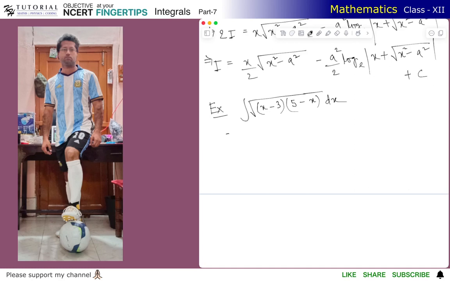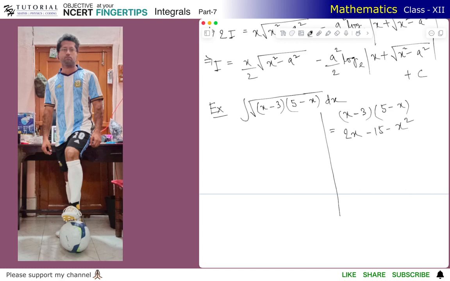Let's roughly see what this quadratic expression is and how it can be translated to one such special form. So this is 2x minus 15 minus x square.